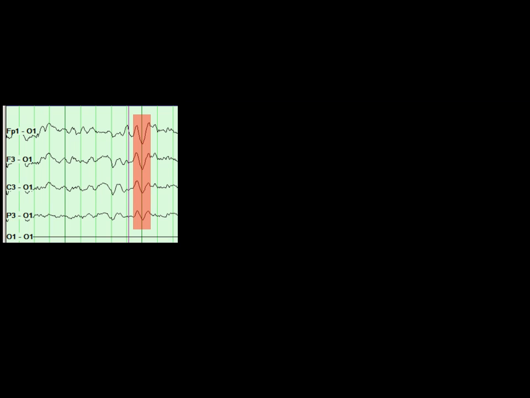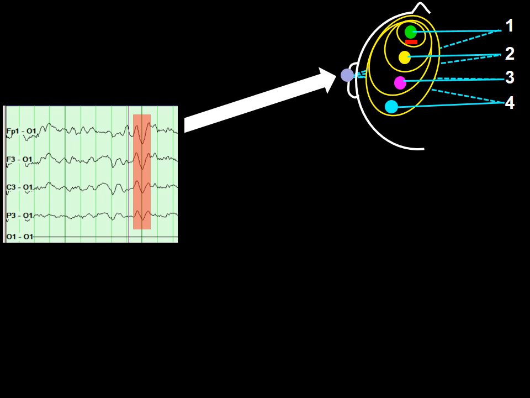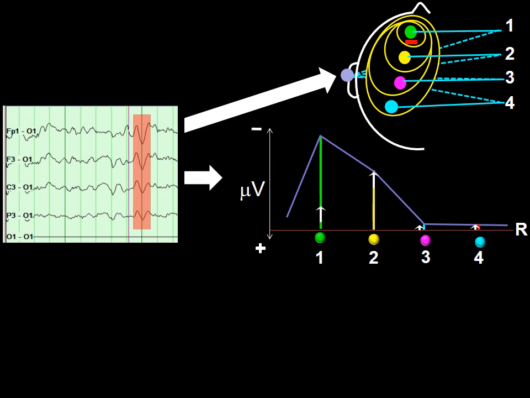Potentials encountered while reviewing an EEG using common electrode reference montage, as the one highlighted in this frame, can be represented as an isopotential map, a voltage electrode position graph.